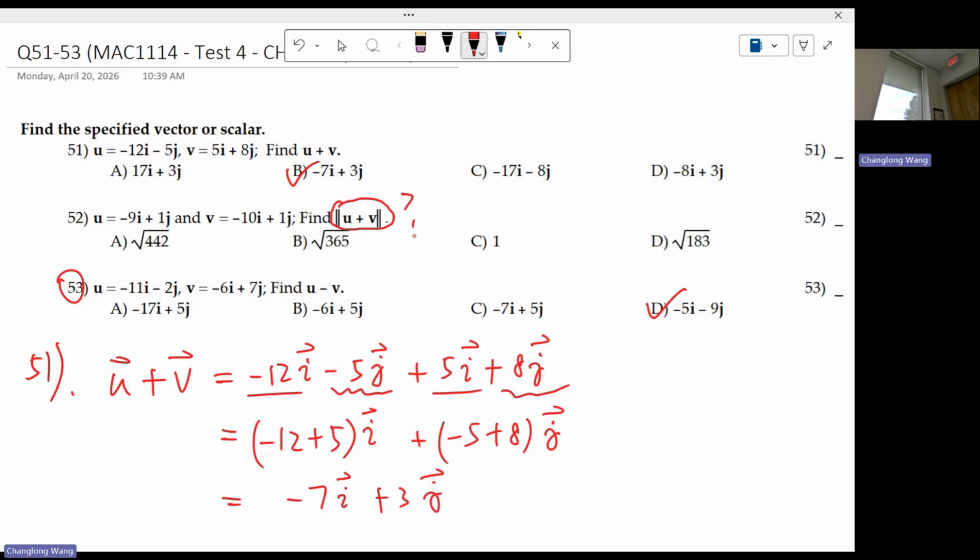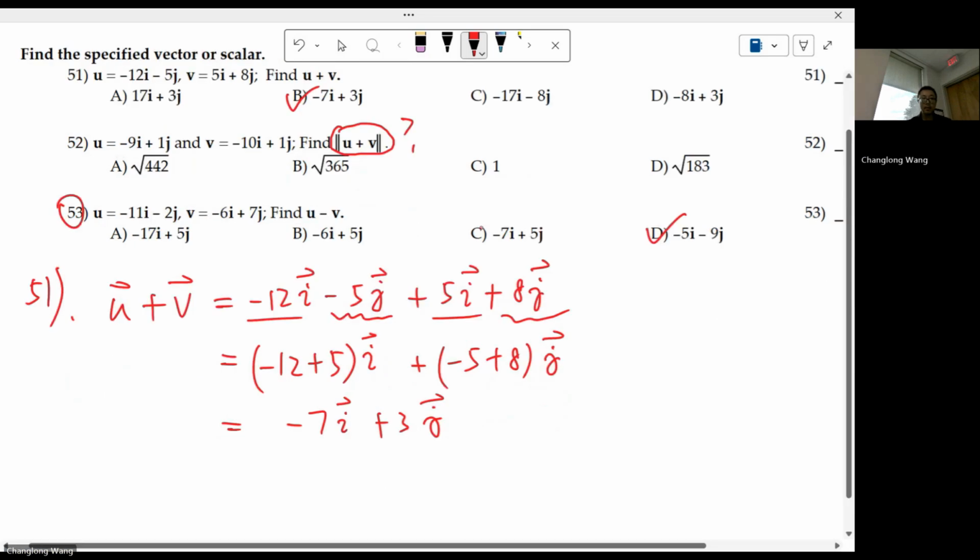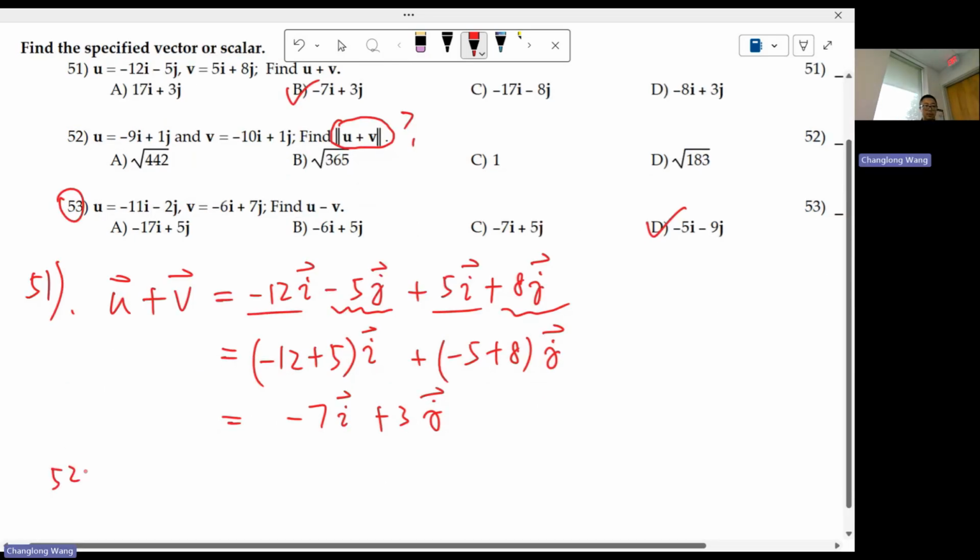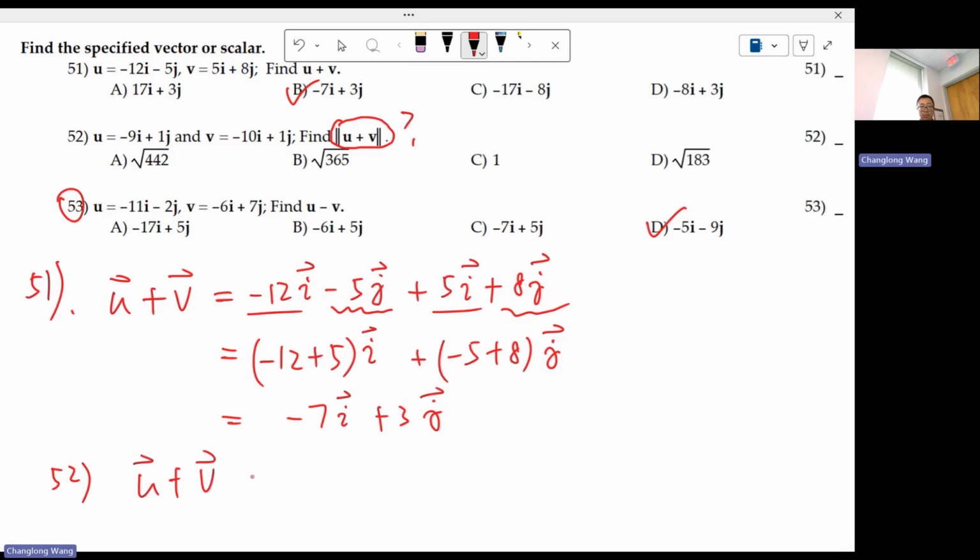So let's do that. For 52, I don't even have to write out the work. I know that negative 9 plus negative 10 will be negative 19 i. The j's: 1 plus 1, so 2.